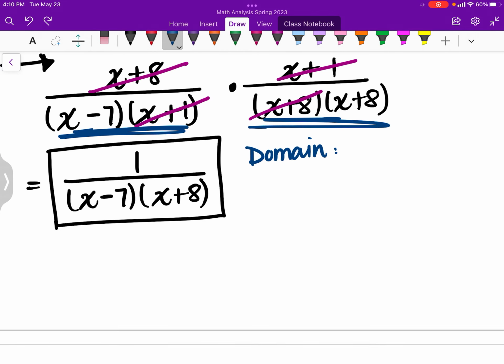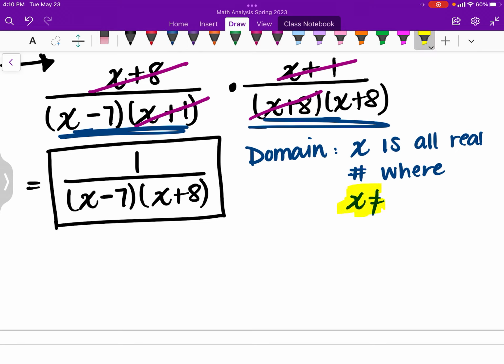So the domain for this one is, once again, x is all real numbers where x cannot be certain numbers. The values of x that we're restricting are the ones that are going to make the denominator equal to 0. So if I were to solve for x on this one, x would be a positive 7. So it can't be positive 7.